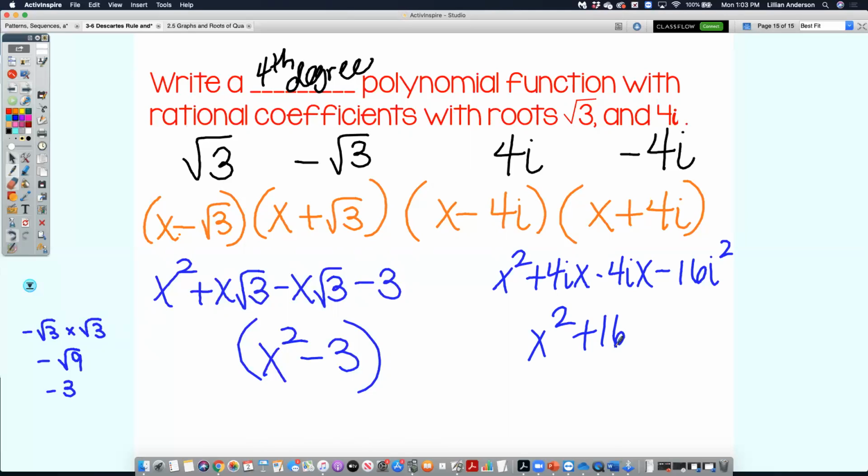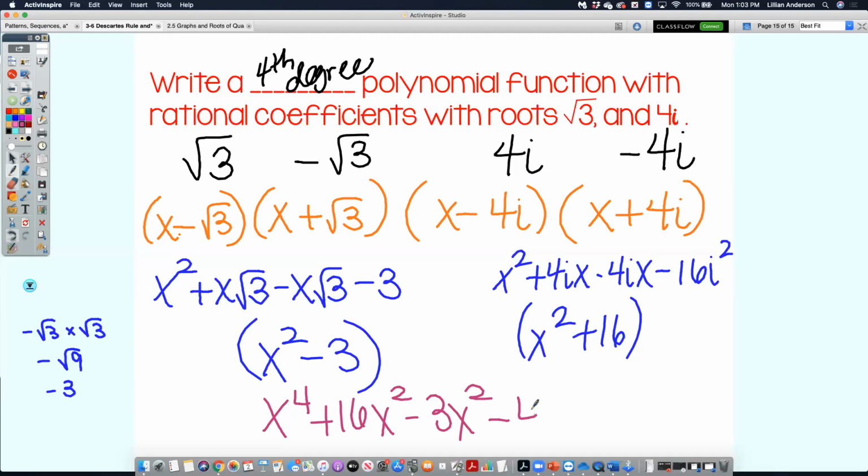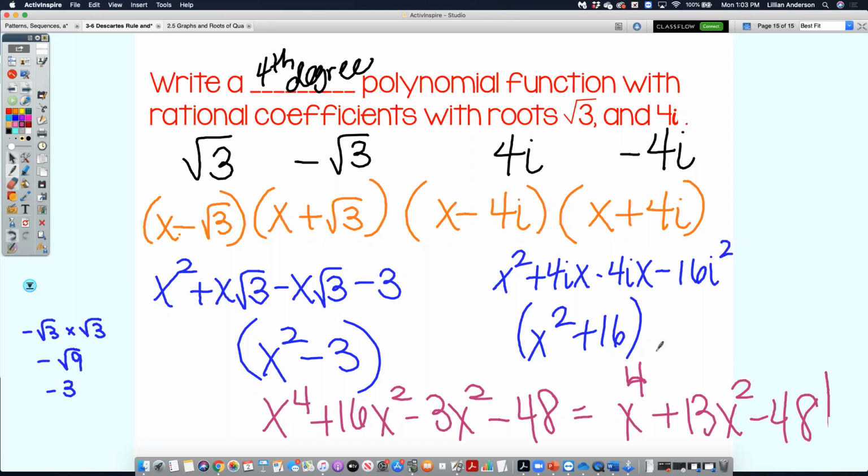Negative 16 times -1 is 16. So then I'm just multiplying those two binomials together. That's going to be x to the 4th plus 16x squared minus 3x squared minus 48. So when I combine like terms, x to the 4th plus 13x squared minus 48 is my final answer.